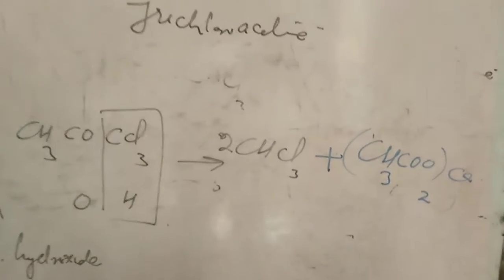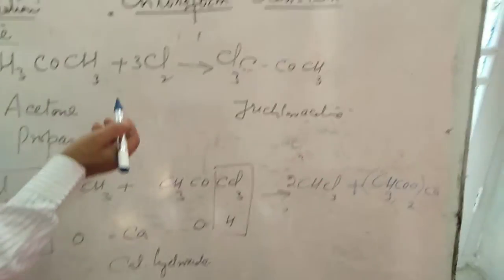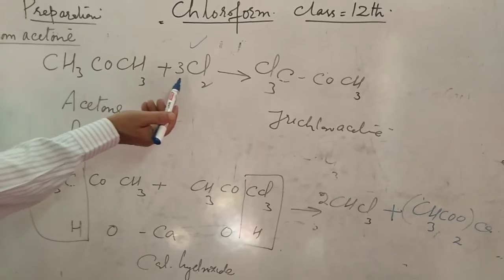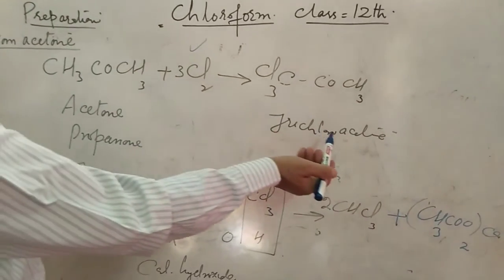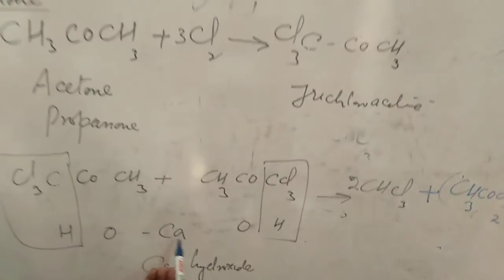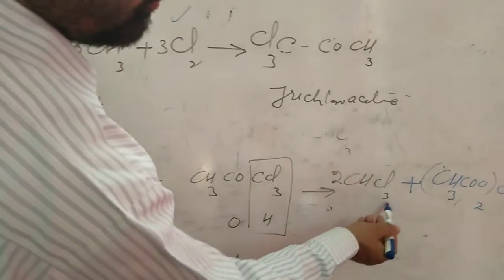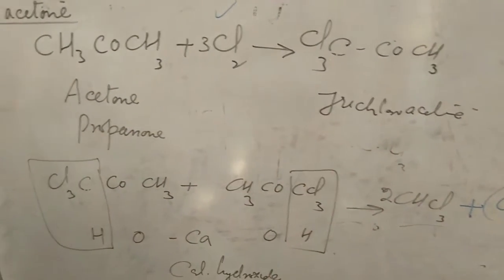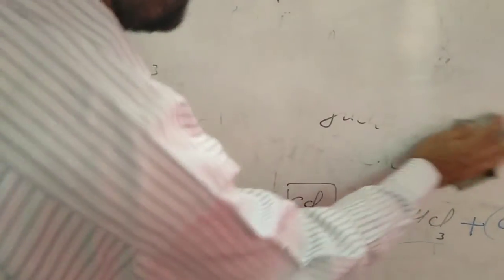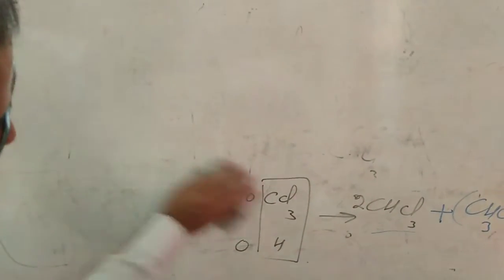So we have distilled the acetone. First we reacted with chlorine, the available chlorine, which gives trichloroacetone, and then we distilled the trichloroacetone with this calcium hydroxide and we have got chloroform. This was the first preparation of chloroform, by distilling with bleaching powder.